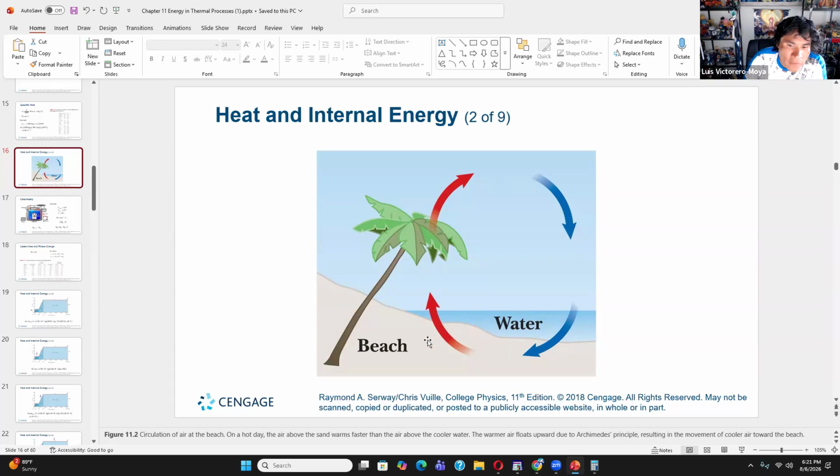This phenomenon is observed a lot at the beach because after long periods of radiation, which is the other form of energy transfer, so you have conduction, convection, and radiation, the hot surface around this time of the afternoon, hot air rises up and cool air drops, right?